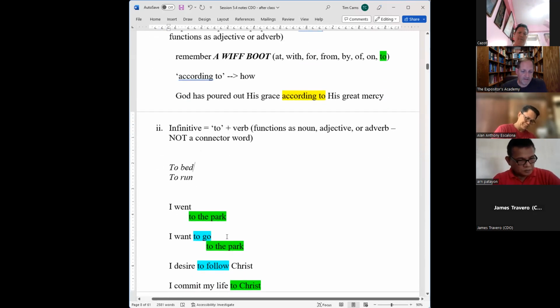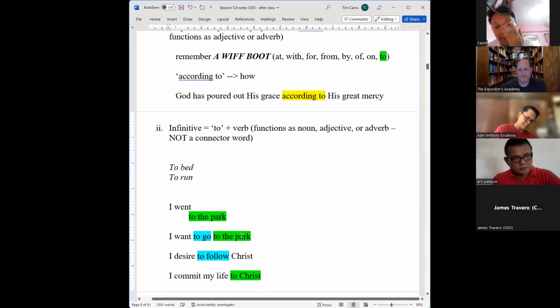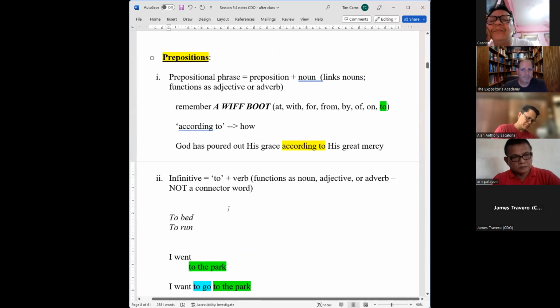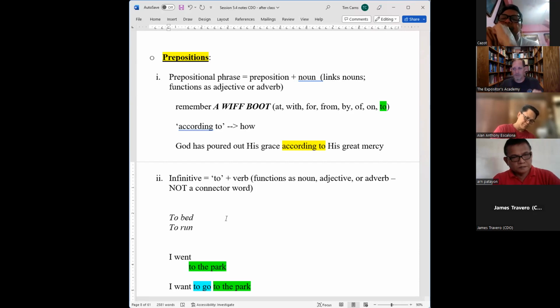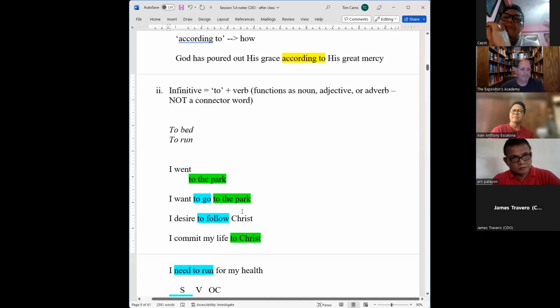Because if it's an infinitive, then it may not be functioning as a connector word. It usually doesn't. Okay, so that's why I'm pointing this out. Okay, so we've got conjunctions, subordinating, coordinating, and then we have prepositions. And then, of course, watch out for the infinitives. They show up from time to time.